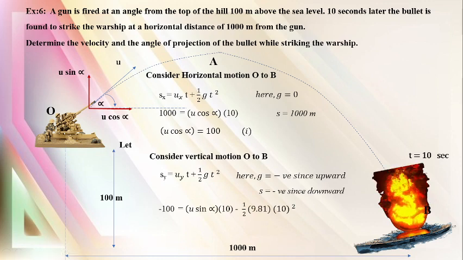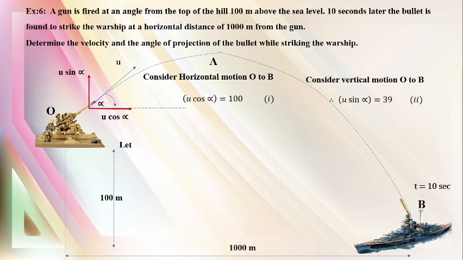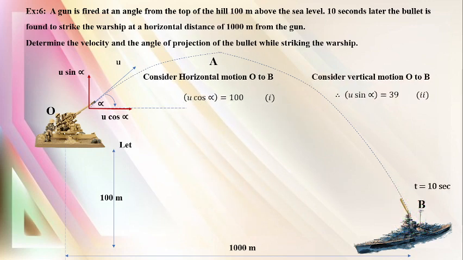So minus 100 is equal to u sin alpha into 10 minus half into 9.81 into 10 square. After simplifying, we get one more equation, that is u sin alpha is equal to 39. So from the horizontal motion and vertical motion between O and B, we have established two relations, that is u cos alpha is equal to 100 and u sin alpha is equal to 39.